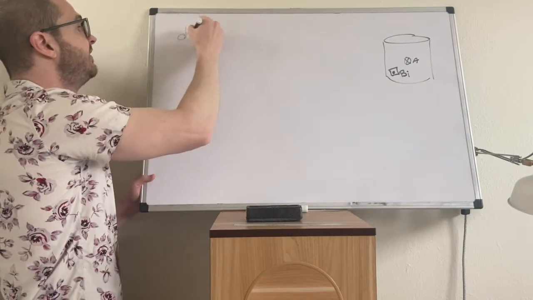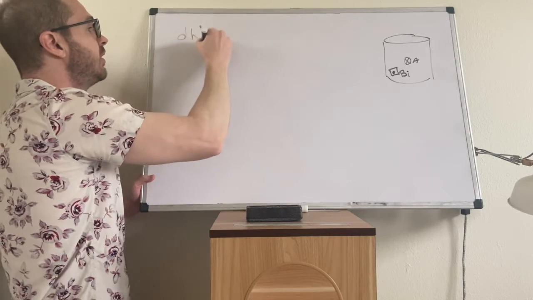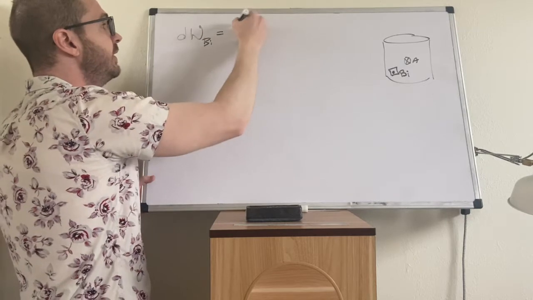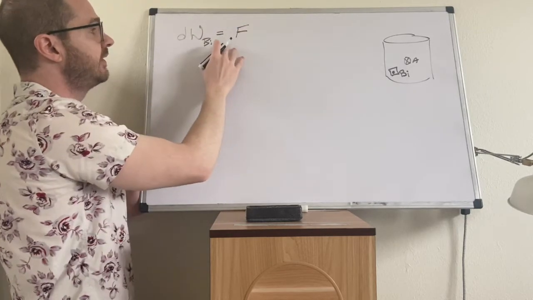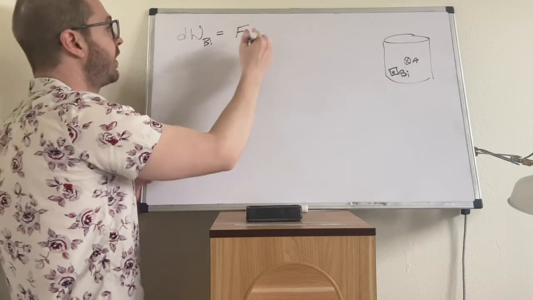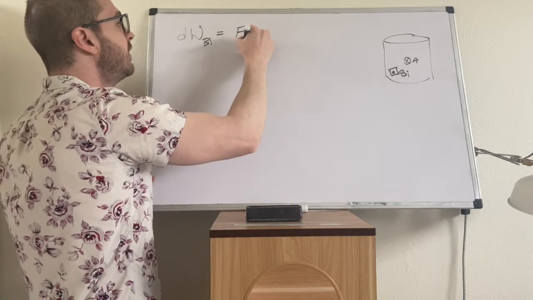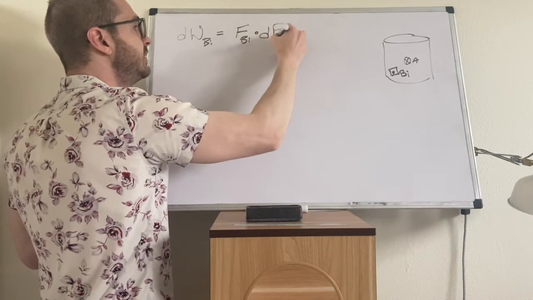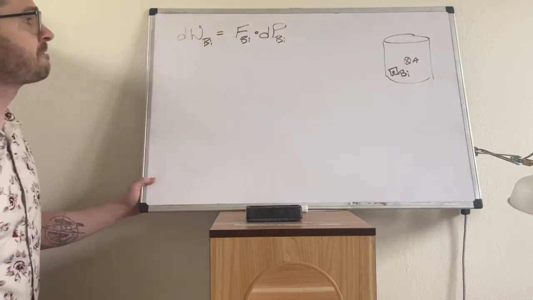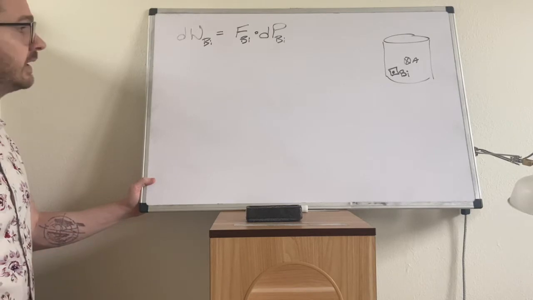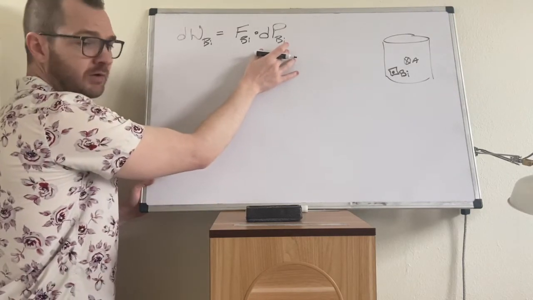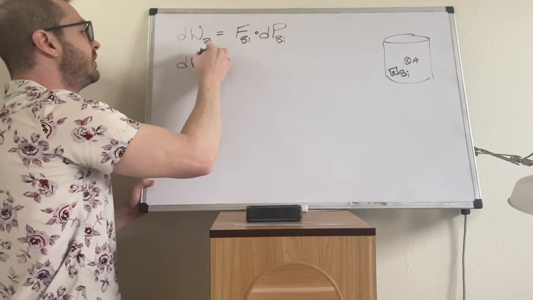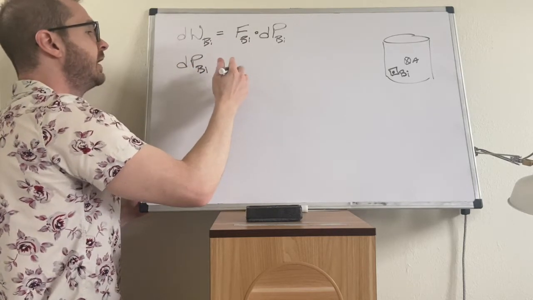So dW on body B sub I, we know that this is equal to the forces, and again, I could do sum of forces here if I wanted to, but the forces on B sub I dotted with the change in position of B sub I. So first thing, let's do what we did last time in our description of work itself, and let's rewrite this change in position dBI.